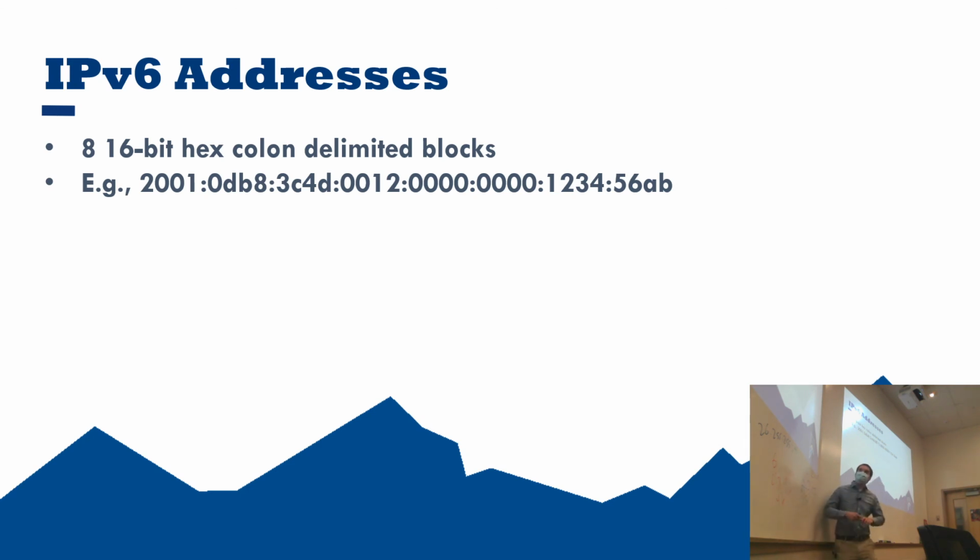So let's just go ahead and draw this out on the board here. So for the first step, I would take 2001. Okay, then I could do DB8. 3C 4D. Okay, I can do 12.